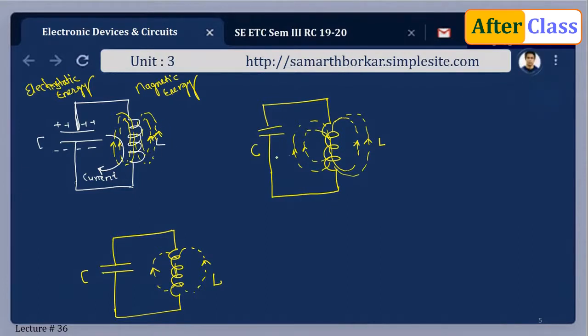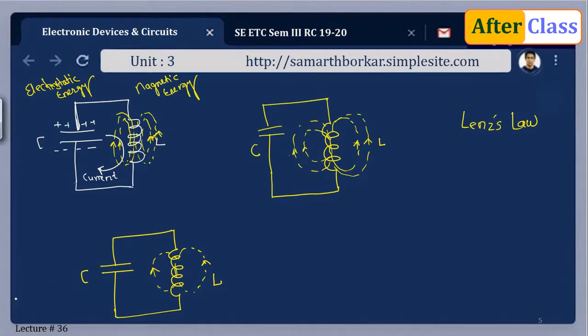Now this magnetic field around L starts collapsing, and as per Lenz's law, this starts charging the capacitor with opposite polarity.